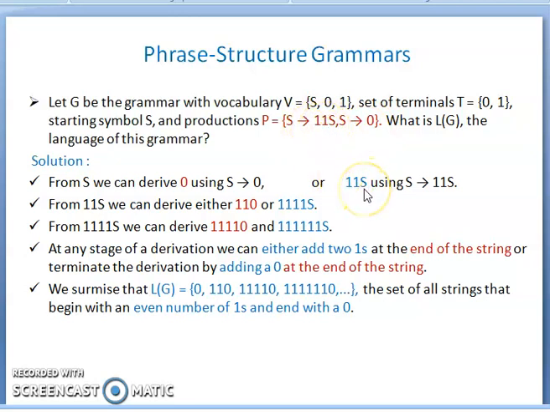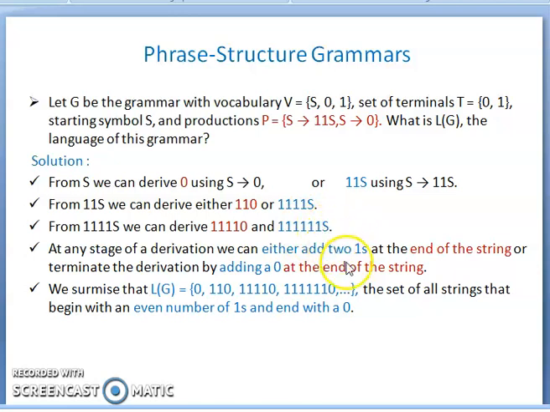For example, if you substitute 0 here, you will get 110. If you use this production to substitute double 1s in place of S, you will get four 1s followed by S. So again S is there, and you substitute 0 or double 1s in place of S.